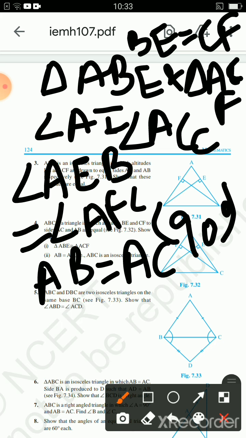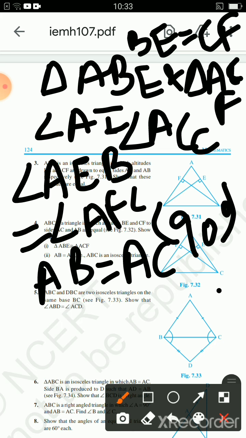So two angles and one side are equal. Angle A is common to both of them, angle AEB is equal to angle AFC, and what side is equal? Check whether the side is between these two angles or adjacent to them.